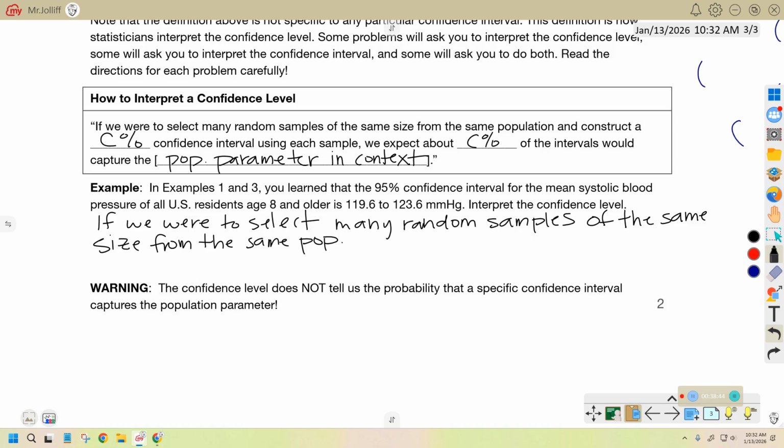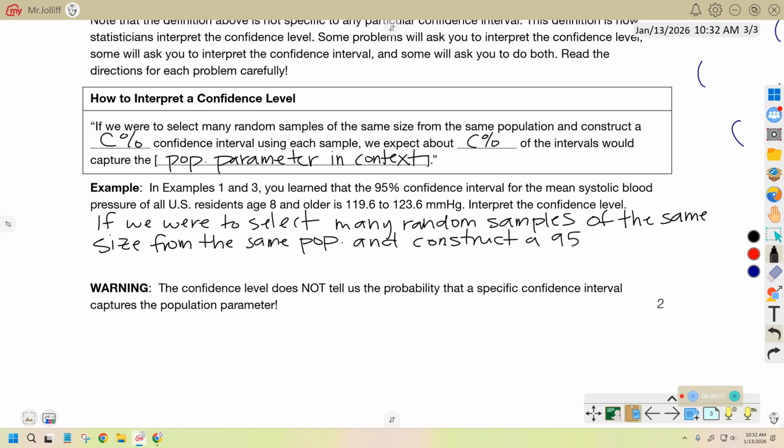Right, so far I'm just copying. We were to select many random samples of the same size from the same population and construct, and it says C%. What is my confidence level for this interval? 95.